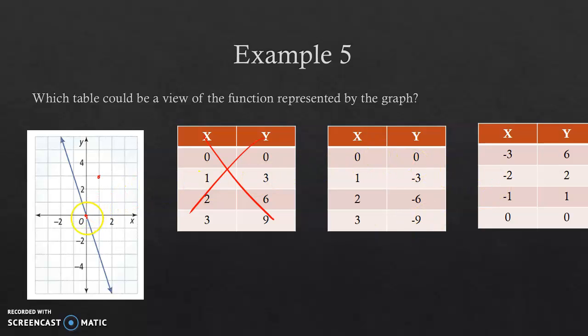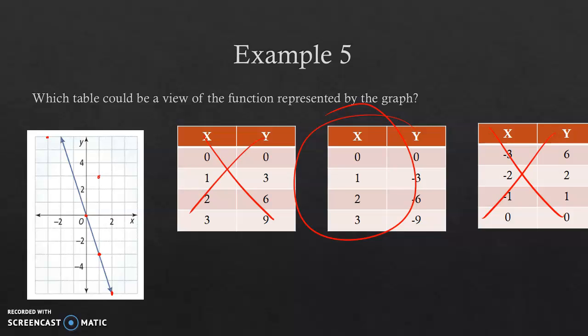And then here we have 0, 0, and then 1, negative 3, that's good, and 2, negative 6. So those are matching. So this one should be, and then I'm just going to double check. If I go to negative 3 and up to 6, I'm not on the blue line, so it can't be this last one either. So you're just checking to see if the points from the table land on the blue line.